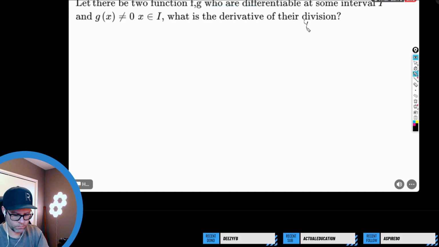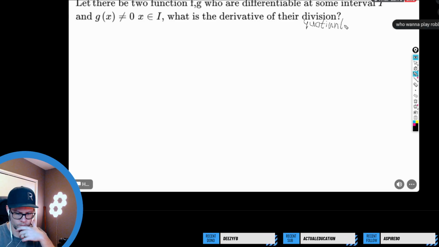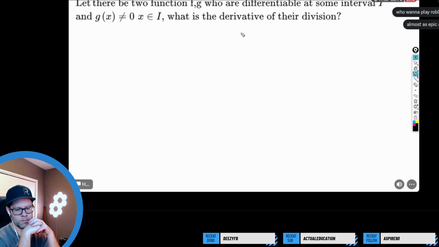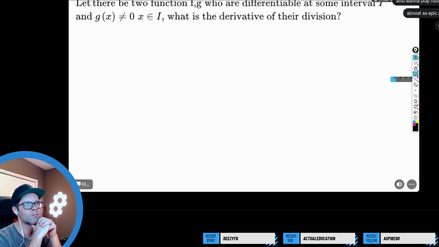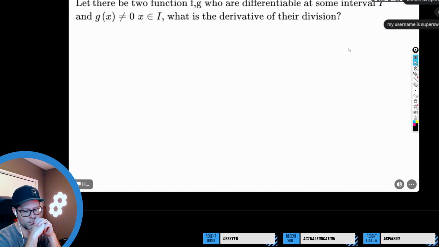Now, division, or a quotient. I'm pretty sure this is how you write it, or quotient, I'm not sure which. So what is it? Now this is a little harder, so we can actually split it into two derivatives.